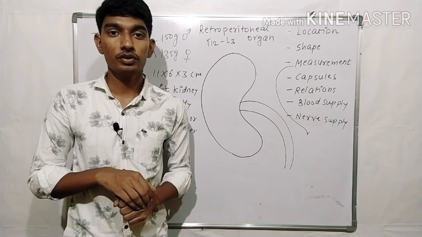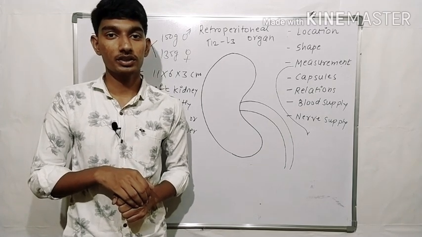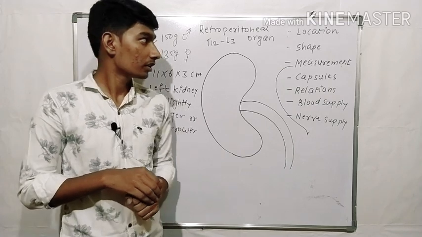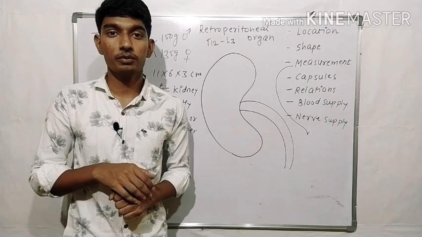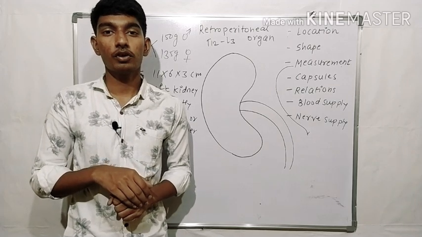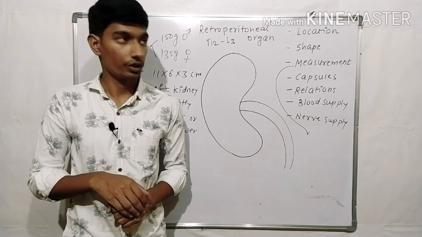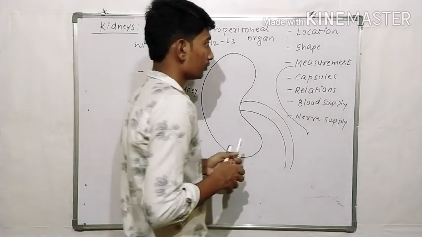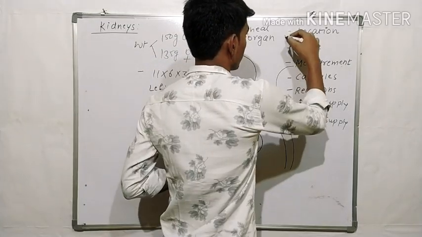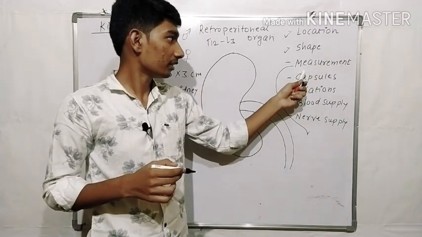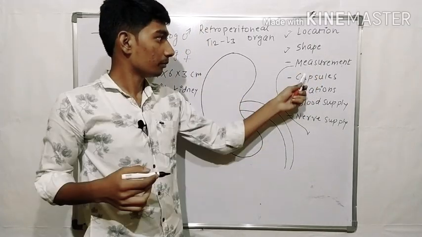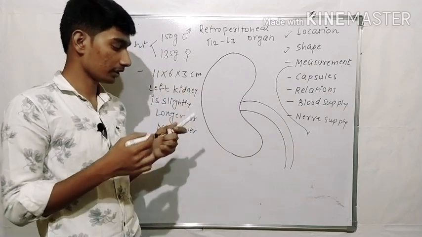So the main function of the kidney is homeostasis by removing excretory products and maintaining the water and electrolyte balance in the body. Now we have studied the location, the bean shape, and the measurement.